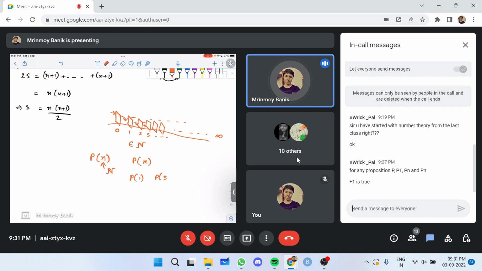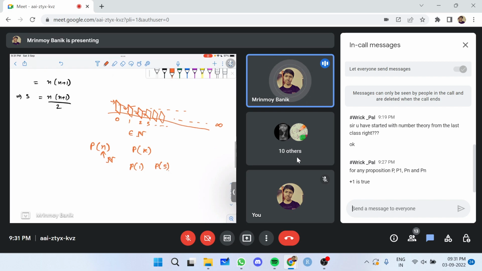And you can also say things like, if Pk holds, then Pk plus 1 holds. Then you can say Pn holds for all natural numbers.